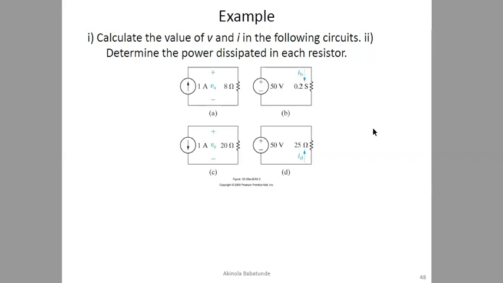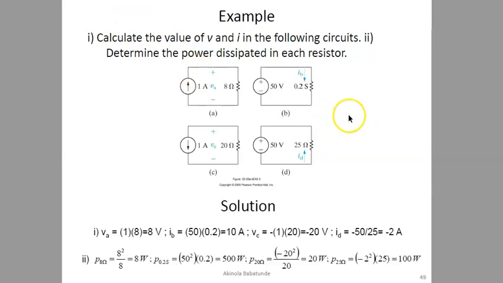Here is a simple example we can quickly look at. Calculate the value of voltage and current in the following circuits, and secondly, determine the power dissipated in each of the resistors. This is the first circuit. So what you will find out in the first circuit is that we know that V is equal to IR, that is current multiplied by the resistance.